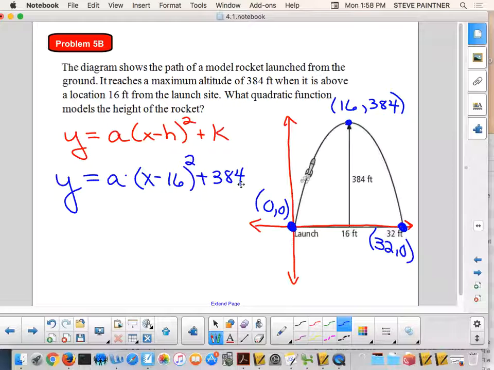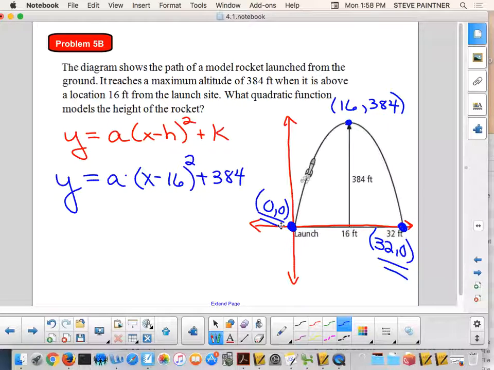So now you've got to plug some numbers in, don't you? What number do you want to plug in? 32, 0? Yes, you can do 32, 0. You can do 0, 0, but what you can't do is the vertex. Don't do the vertex. Which one's easier, 32, 0 or 0, 0?